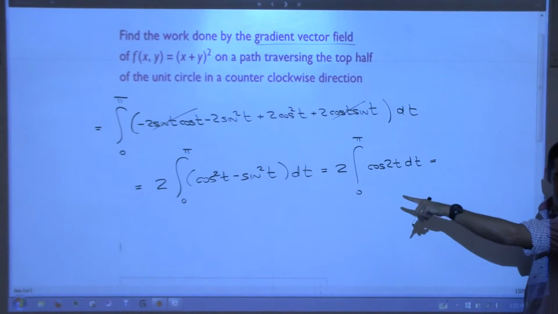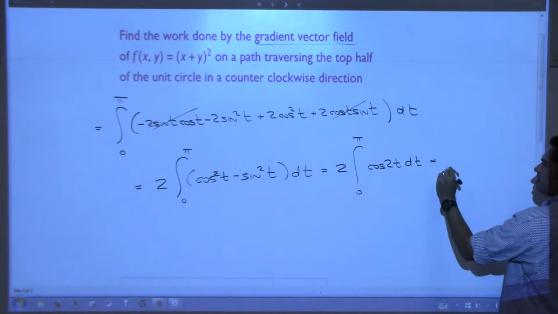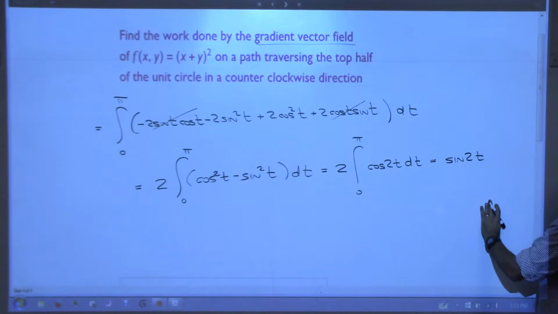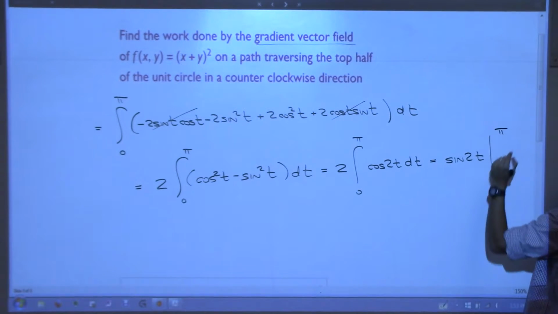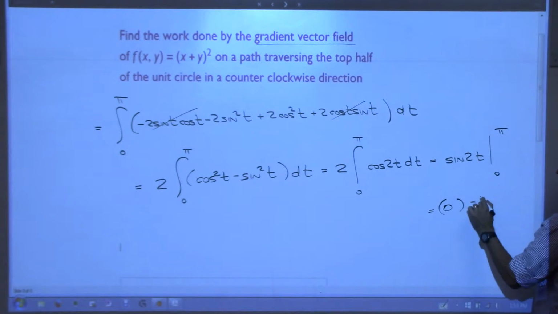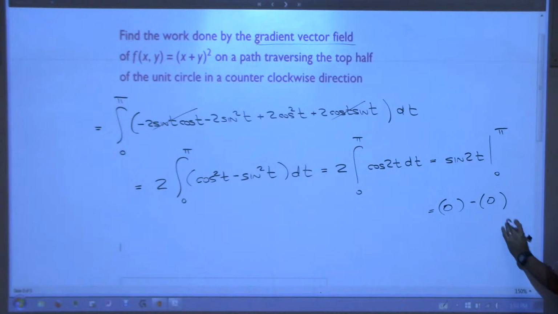But then the 1/2 and the 2 out there are going to go away. So this is just sine 2t, isn't it? It's the antiderivative, 0 to pi. Sine of 2 pi is 0. Sine of 0 is, oh man. We did 0 work.